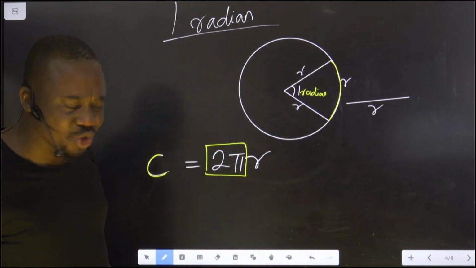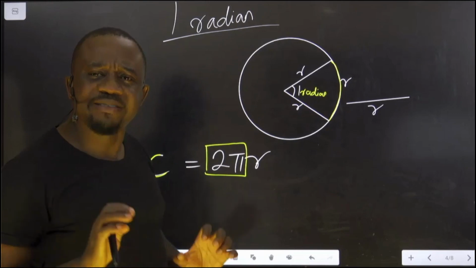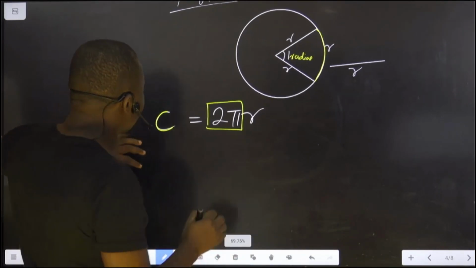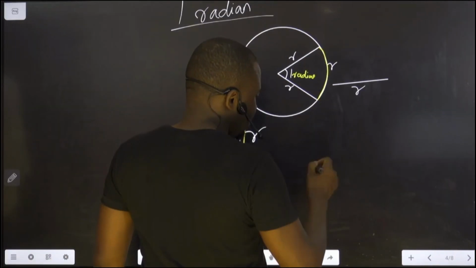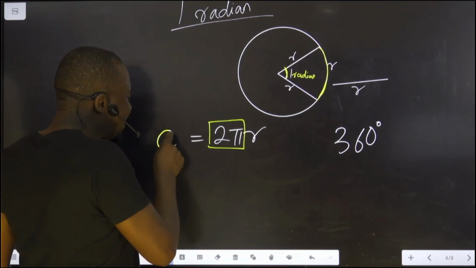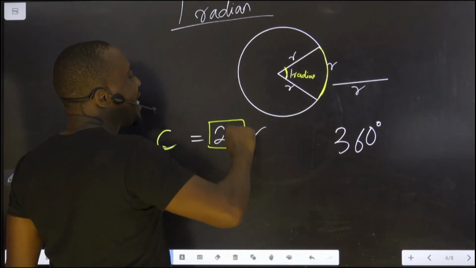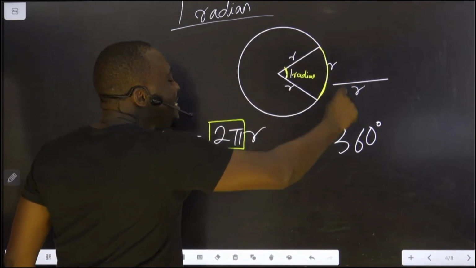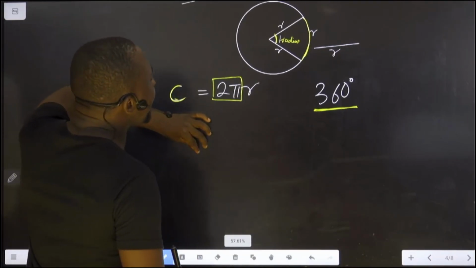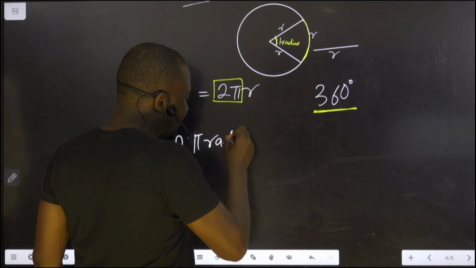The next thing I want to ask you now, in a full rotation like this, what is the value of the angle in degrees? We agree that the full circumference is 360 degrees. If C is equal to 2 pi r, the angle surrounding this, we agree is 360. So therefore, 2 pi radians.